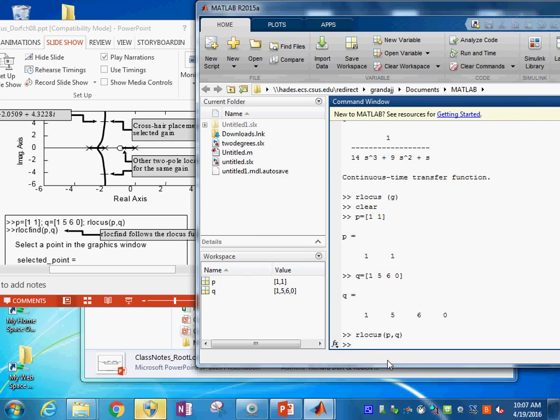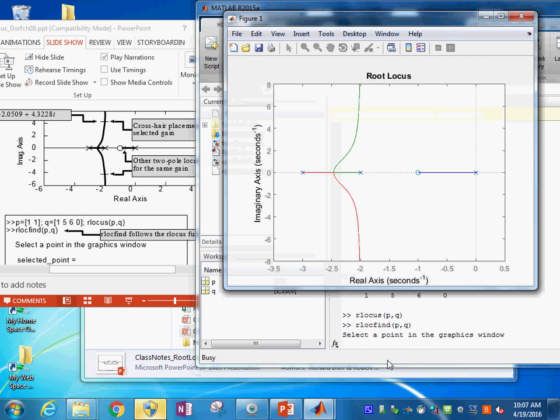So in here we're going to say rlocfind of p comma q, and when you do this, you see how nice MATLAB is. It brings a cursor here, and just like it is on my left side over here, I am going to try to reproduce this and click close there.